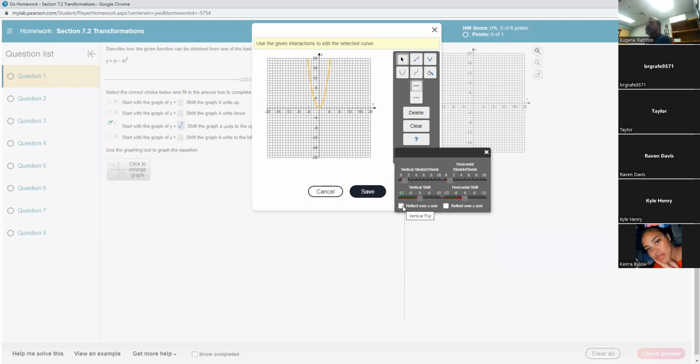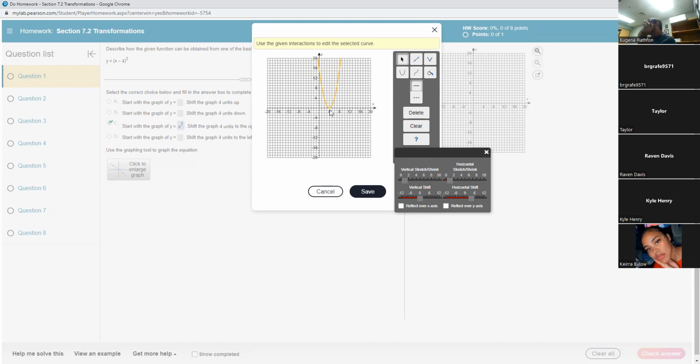So y'all said this one went, what, 4 units to the right? So you'll go over here to the horizontal shift and drag that until you get it to a positive 4. As I move that slider, look at my graph. My graph now has the bottom point sitting at the 4 on the x-axis.